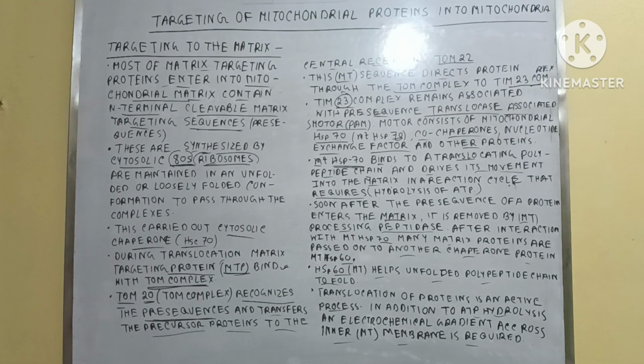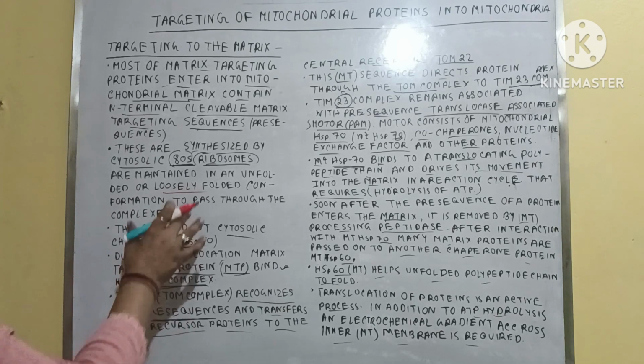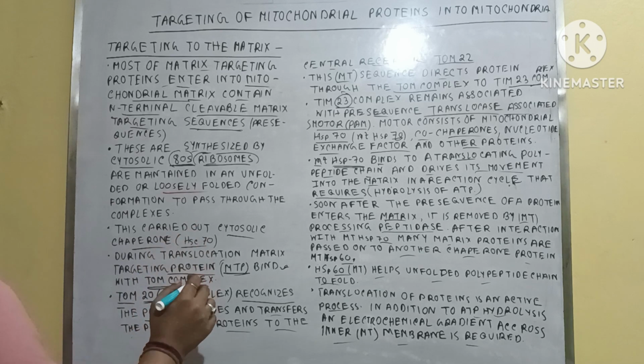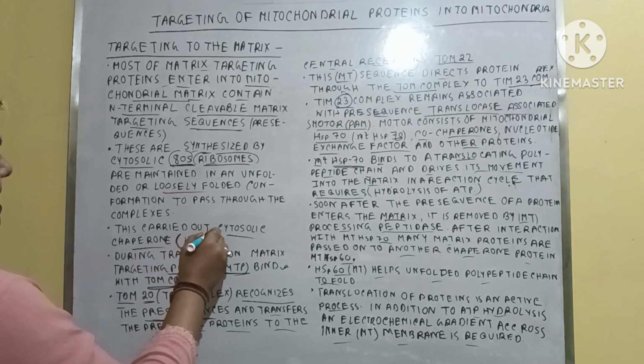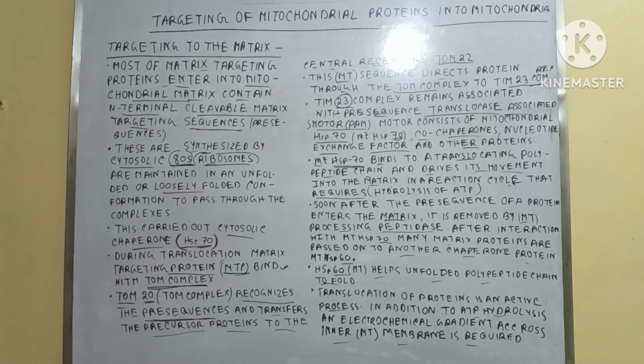These remain in an unfolded or loosely folded manner so that they can pass through any complex. This is carried out with the help of HSC70, which plays an important role in this process.